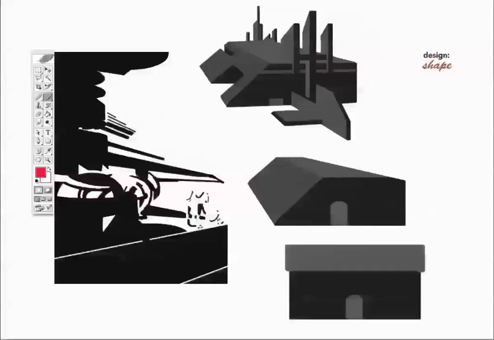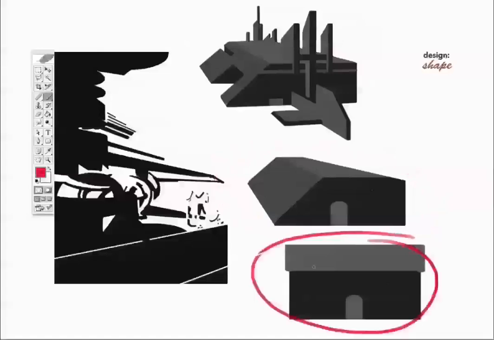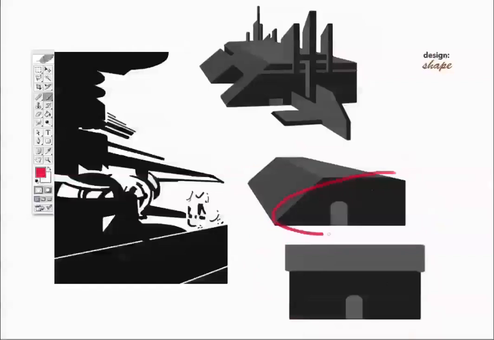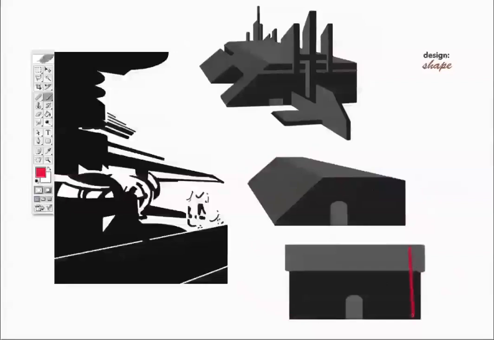I'm going to bring back one of the other shapes that I showed you earlier to point something out to you. Another reason why this shape is more interesting than this shape is because one part of this shape is larger than another part. Here in this shape, this size is exactly the same as this size.